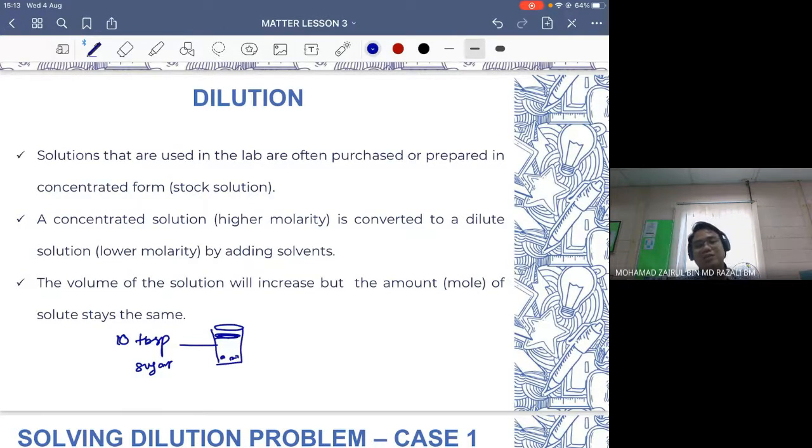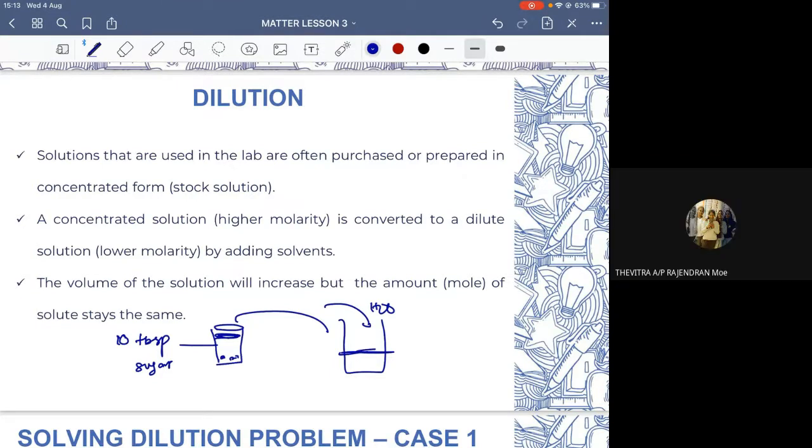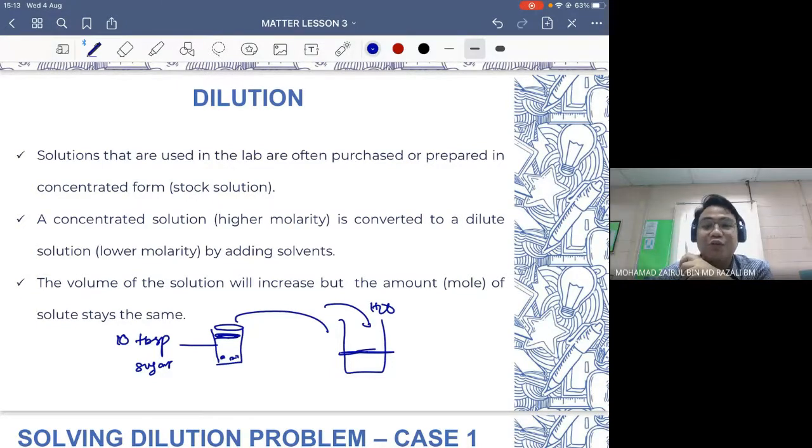Contoh kalau awak rasa nak diet ke, awak transfer ni dekat satu jug yang besar, awak tambah je air. Amount sugar dalam tu berubah ke tak? Tak berubah kan? Yang berubah hanyalah apa? Concentration.